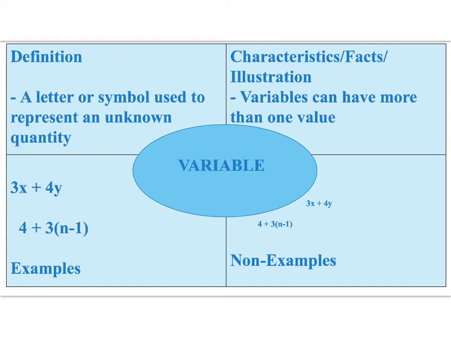The non-examples are any of the constants, any of the numbers and coefficients. So 4 is not a variable, 3 is not a variable, 1 is not a variable. Same thing over here. The 3 and the 4 are not variables. So I know this probably is going quickly. Feel free to hit pause so you can get all this information down and then move on to the next set of words.